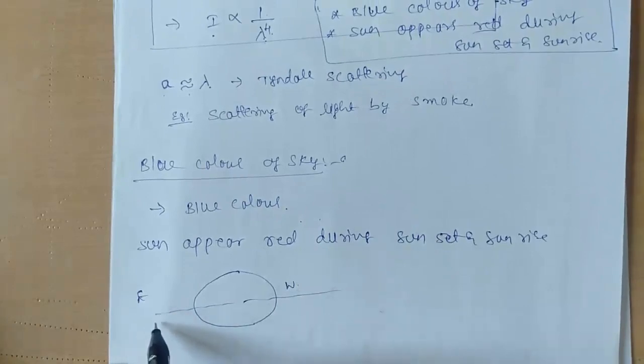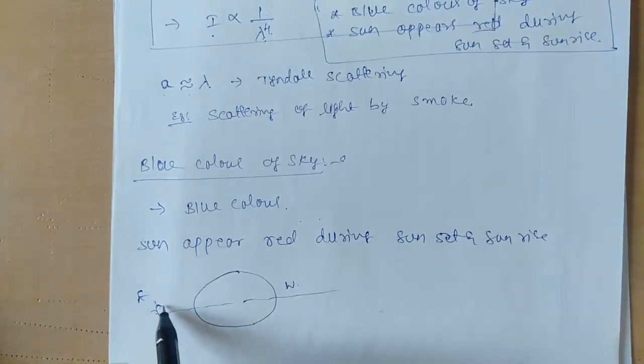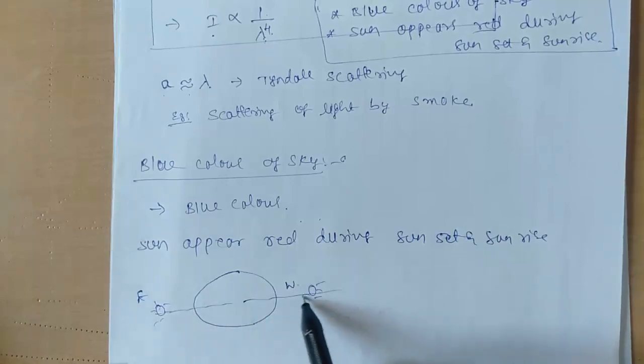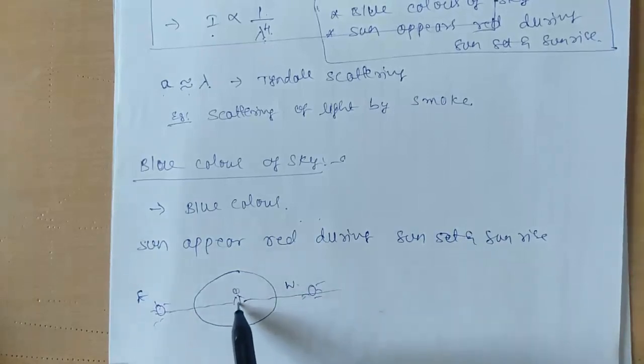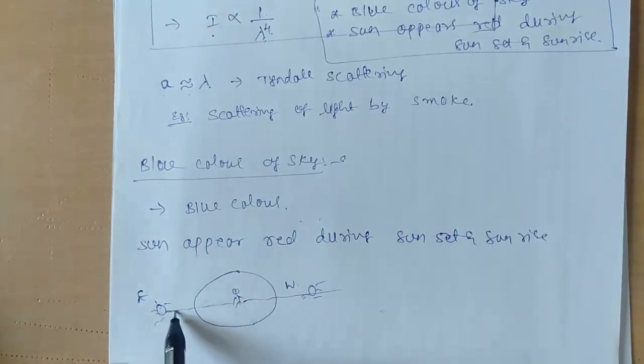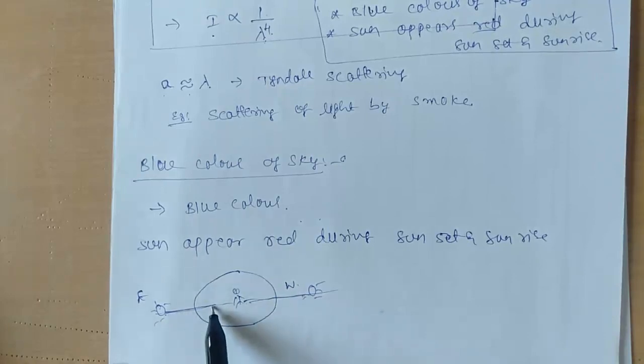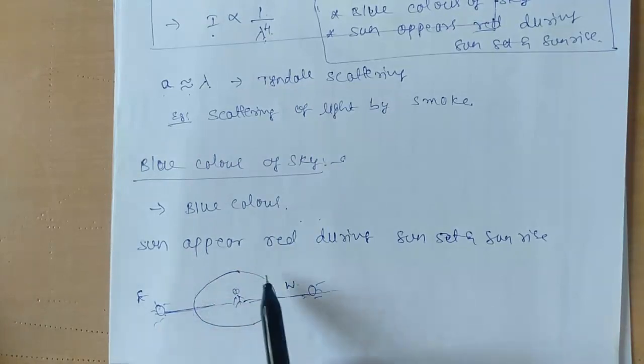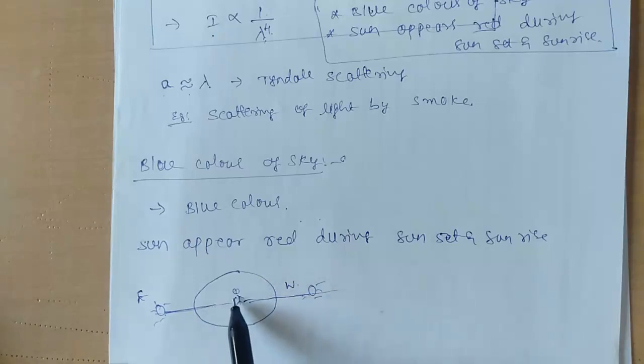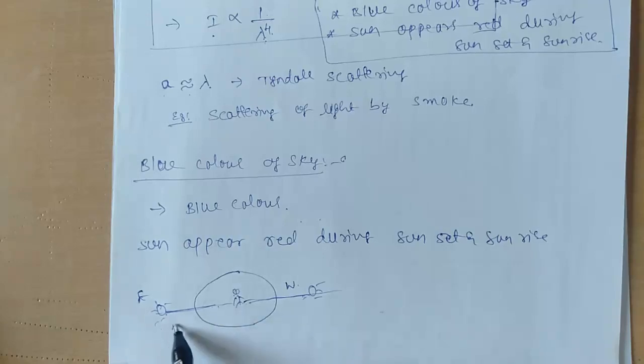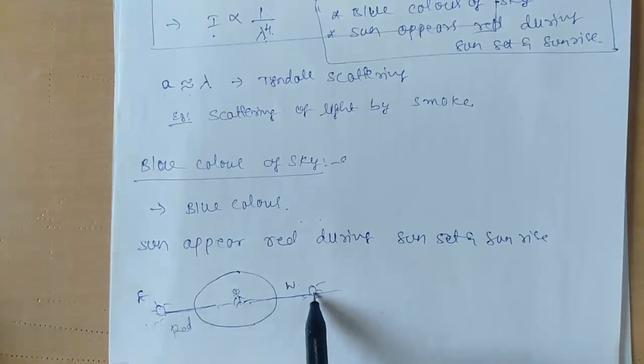During sunrise or sunset, the sunlight has to travel a longer distance due to the geoid shape of the earth, so at the point of receiving by any person, it is the least scattered color that we receive. The least scattered color according to Rayleigh scattering is red, so during sunset and sunrise the sun appears red due to Rayleigh scattering.